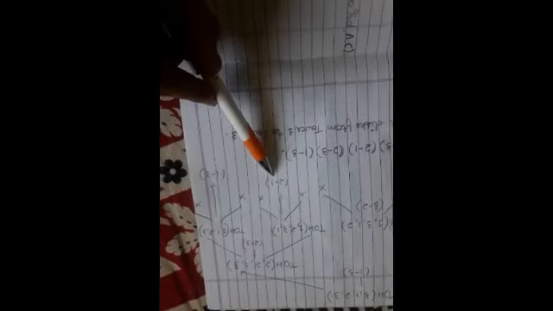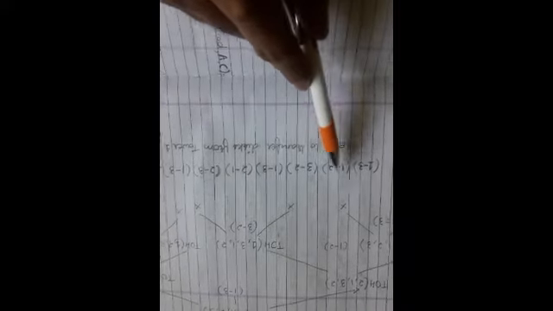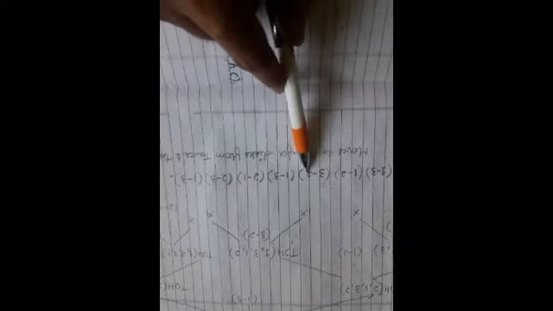So 1 to 3, 1 to 2, 3 to 2, 1 to 3, 2 to 1, 2 to 3 and 1 to 3. All these printf statements are the different moves that you need to make from one tower to another to move all the disks from tower A to tower C. If the number of disks is 3, then first move from 1 to 3, then 1 to 2, then 3 to 2, then 1 to 3, then 2 to 1, then 2 to 3 and 1 to 3.